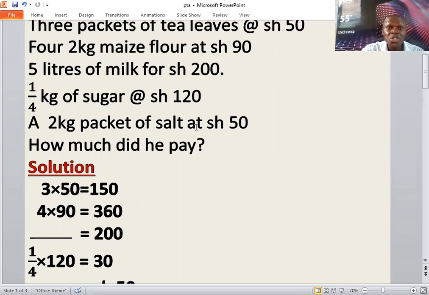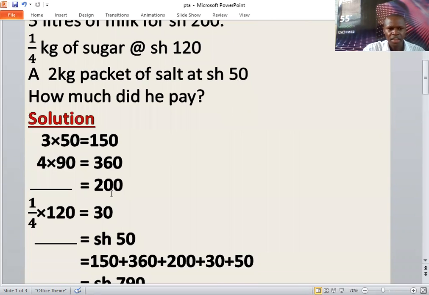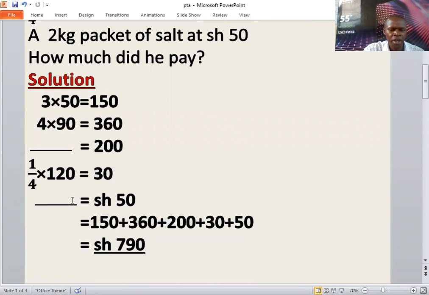We are going to multiply the number of packets times the price per packet. What was the number of packets bought? 1 packet. Price per packet, 50 shillings. That means it will be 1 times 50. Probably we shall have 50 shillings.